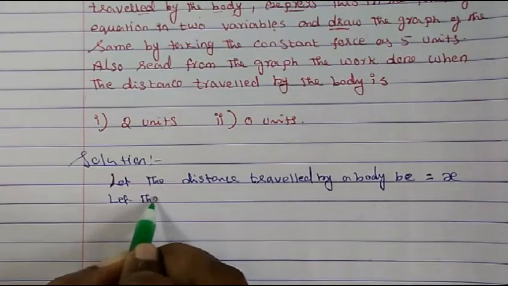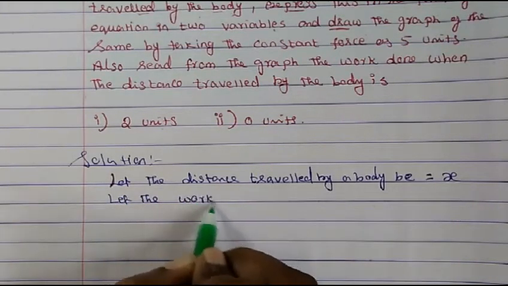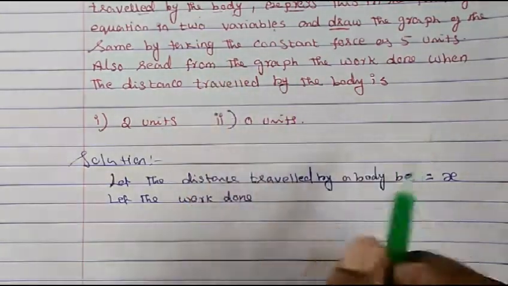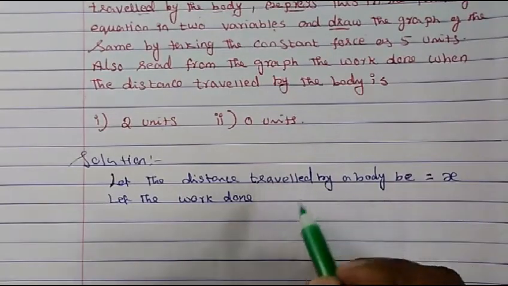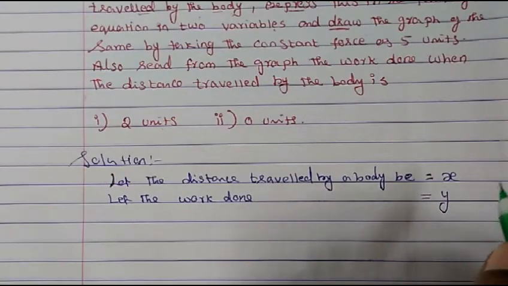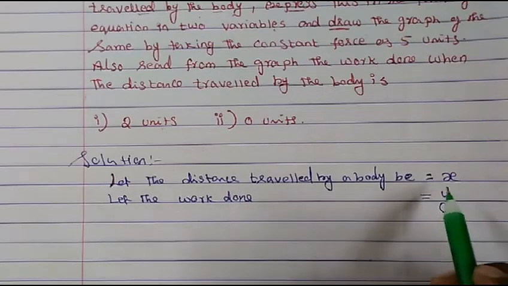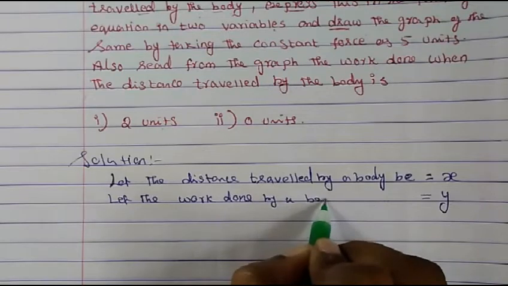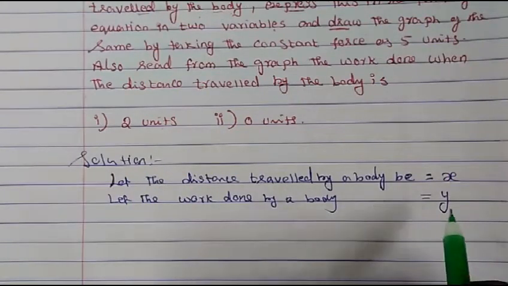And then let the work done by a body on application of the constant force, we take as y. The distance traveled by a body is x and the work done by a body we take as y.